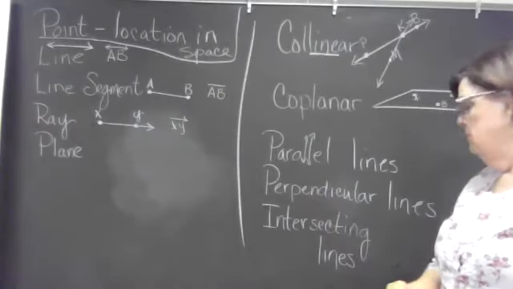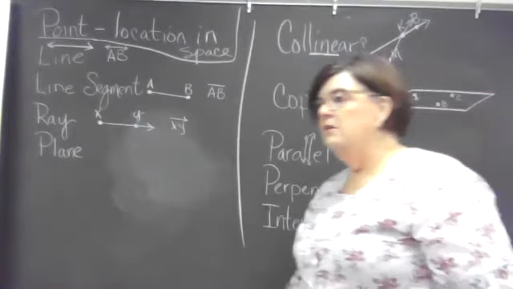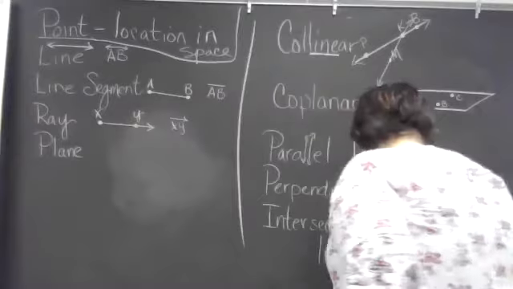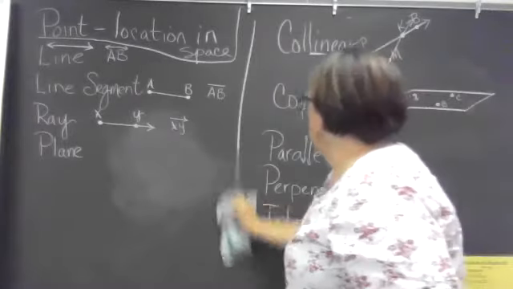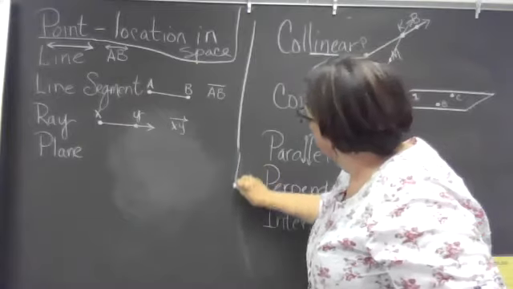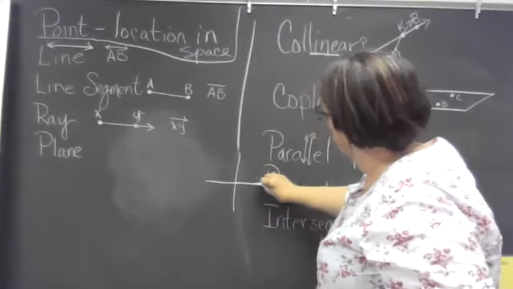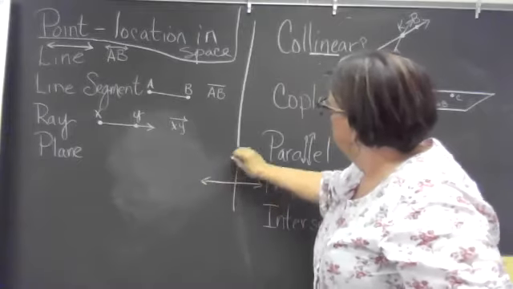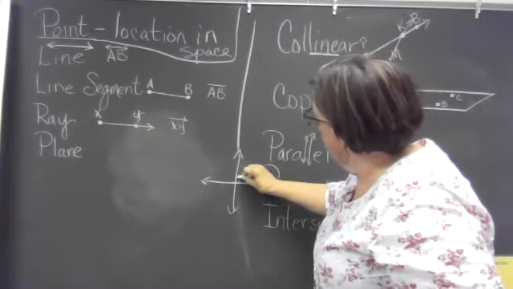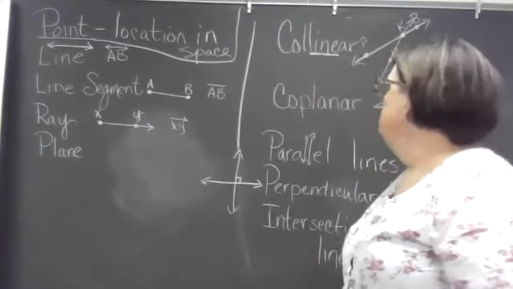Perpendicular lines are two lines that intersect at a 90-degree angle. Two lines that intersect at a 90-degree angle. This indicates a 90-degree or a right angle. We'll talk about angles later.